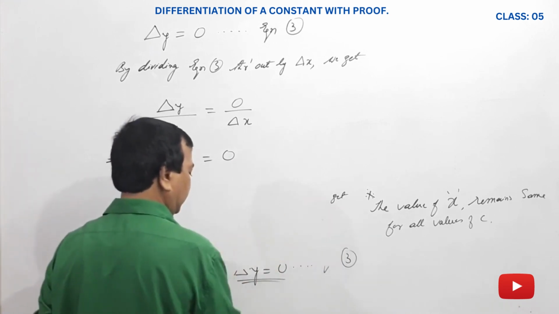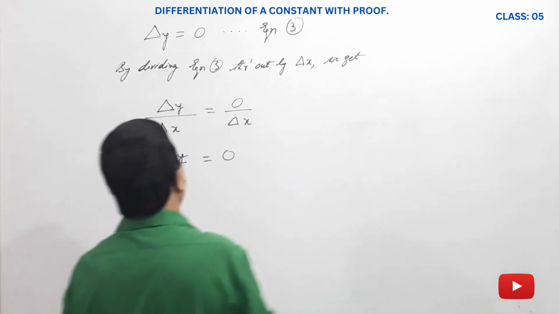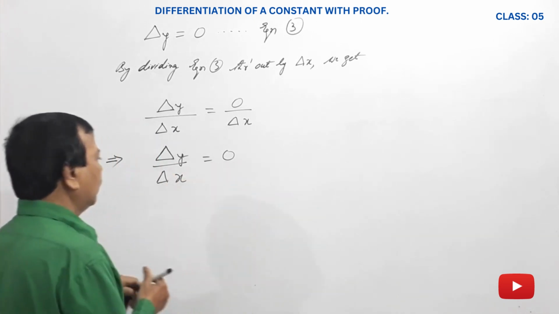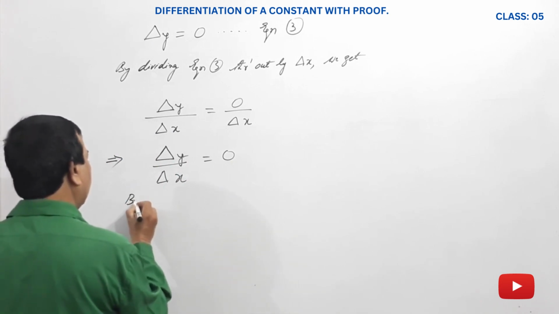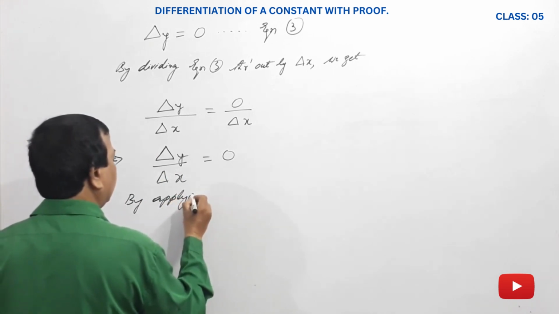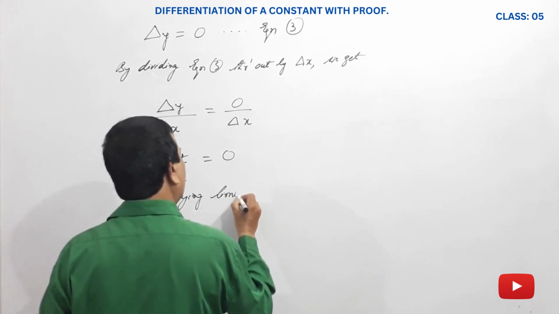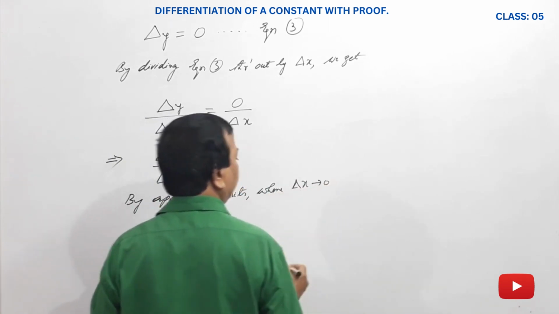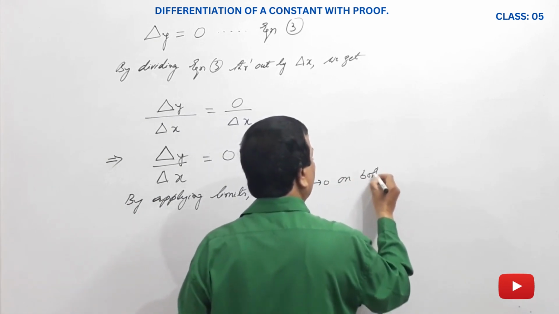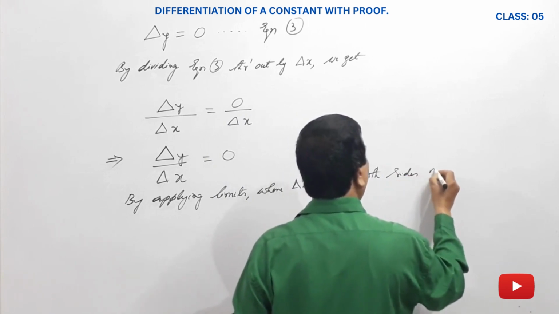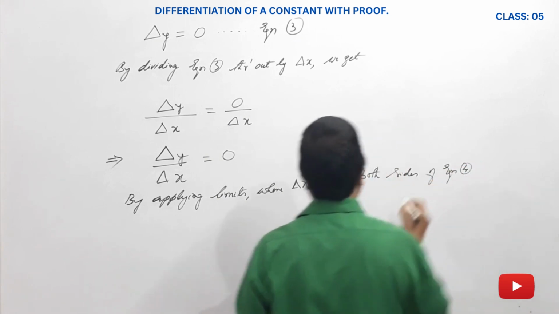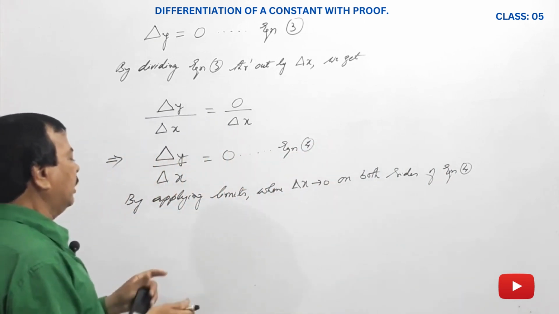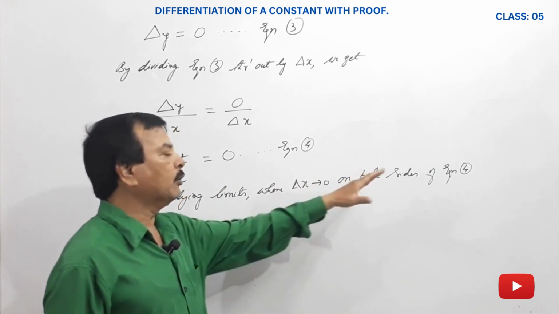Now I apply limits where delta x is tending to 0 on both sides of equation 4.